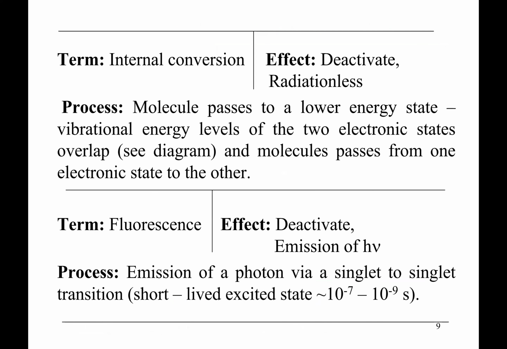Okay. Now, let's look at fluorescence. Again, fluorescence, the effect, deactivation again, loss of energy, emission of light, h nu. So the emission of a photon via a singlet to a singlet transition, short-lived, as we have said.